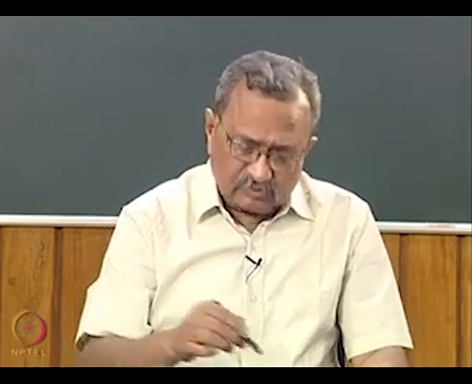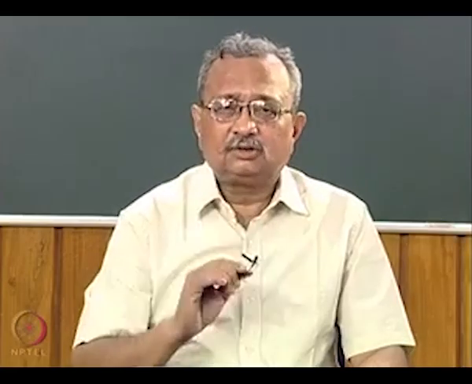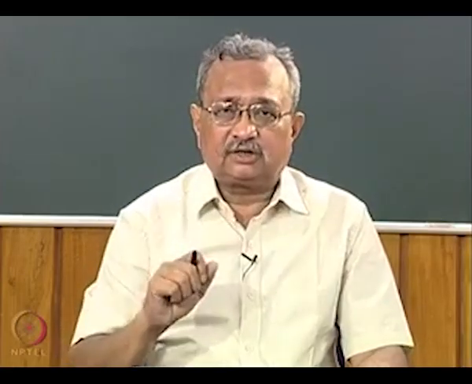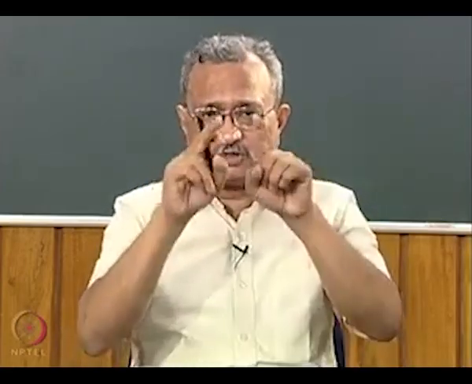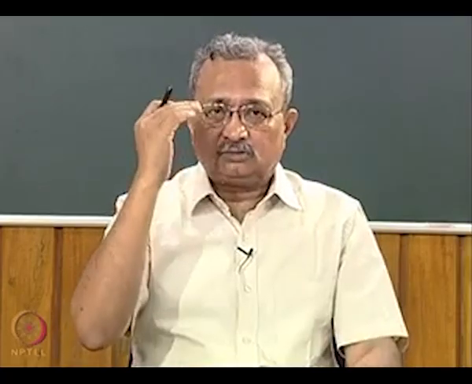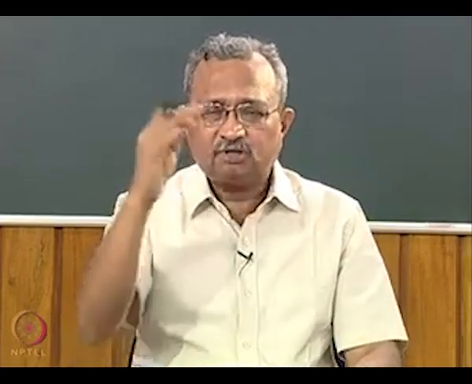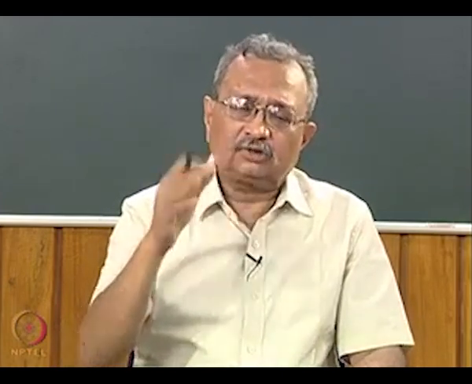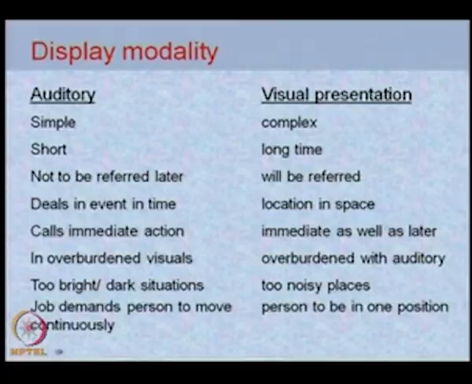So, in certain cases where many people are there and there is not a specific location fixed to get the information, more than one sensory informations are to be presented. So, from this we can say that what will be the display modality.